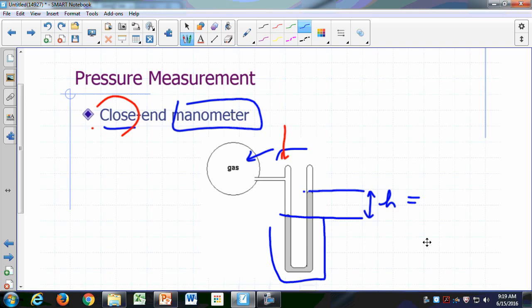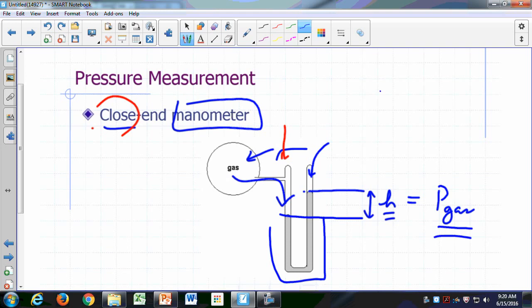That height difference is the pressure due to the column of mercury, and that would be the pressure of the gas. So the difference in the height between the side that's hooked up to the gas and the side that's under vacuum would be the pressure of the gas.